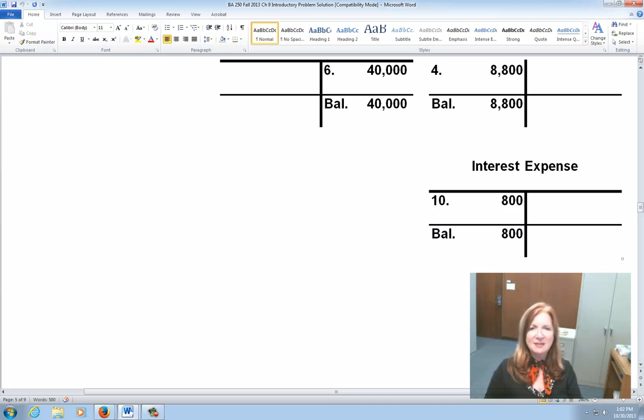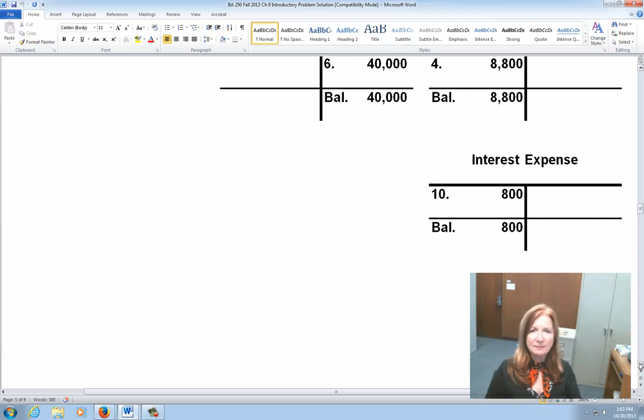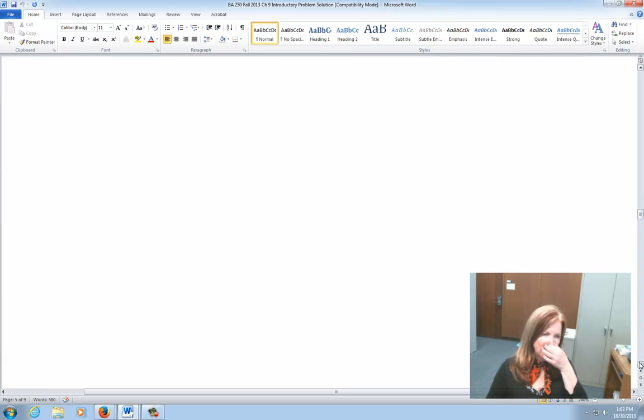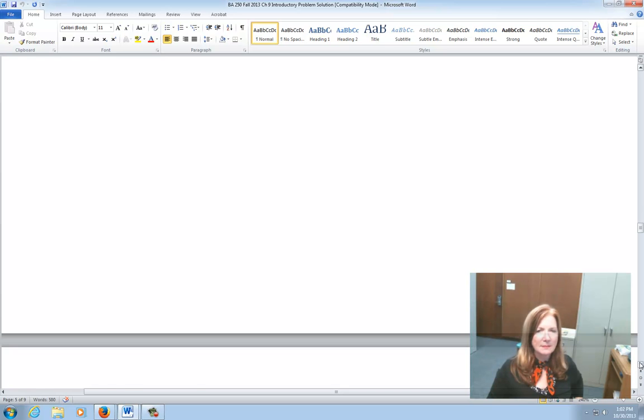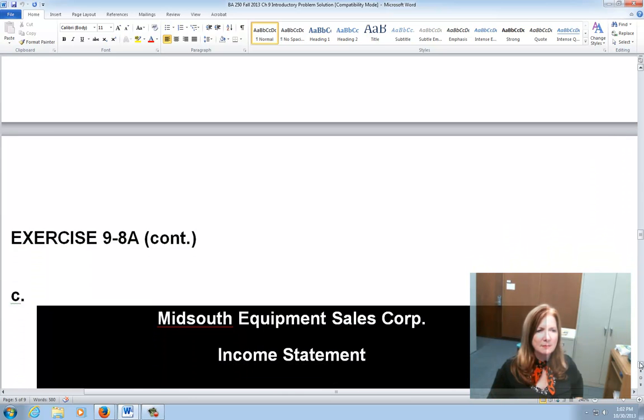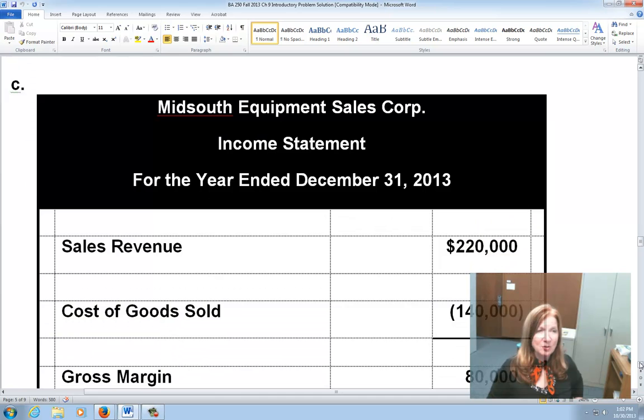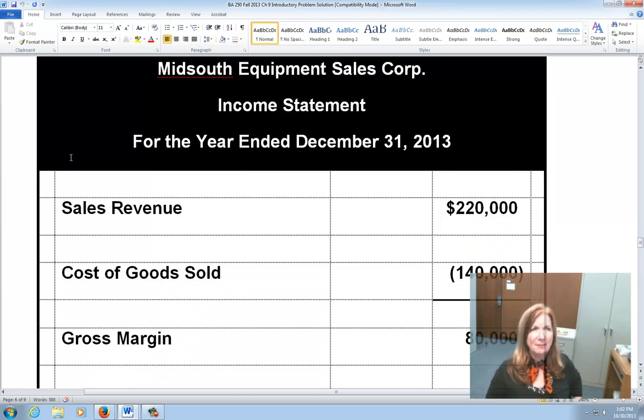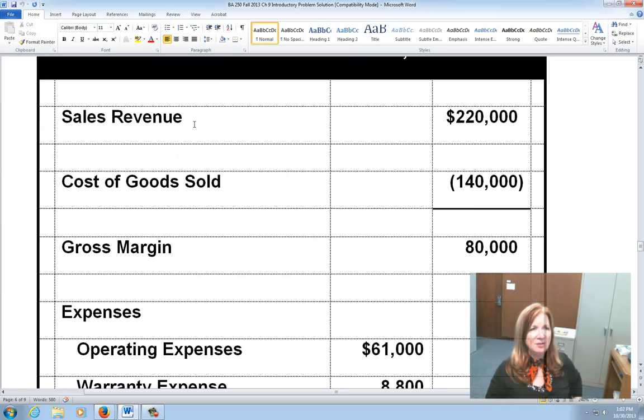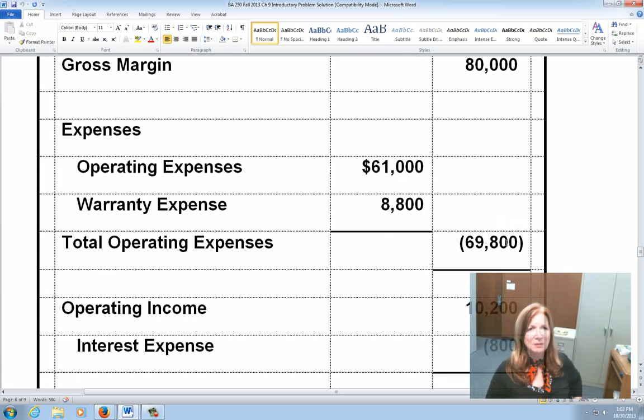Now then the next thing it says is prepare financial statements. So here's an income statement, company name, name of the statement for the year ended and the date, and then here's sales, less cost of goods sold to get gross margin.